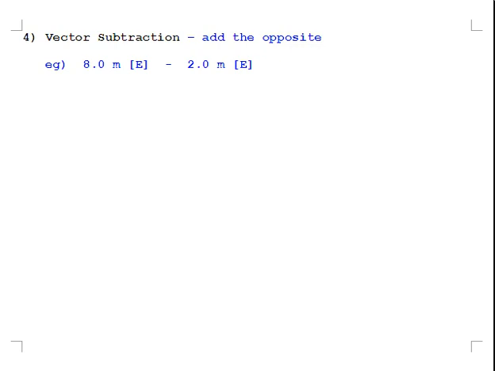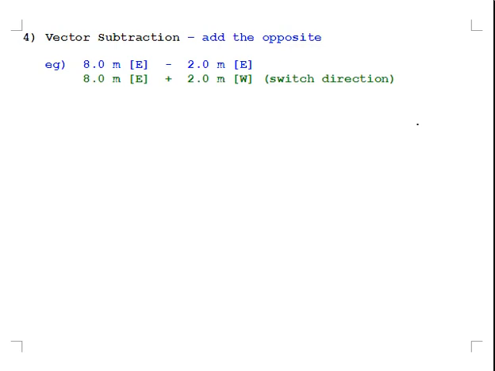And the answer is, absolutely it is. So here's what we do. We don't ever actually subtract vectors. We change a subtraction into an addition, and then we switch direction on the number that's being subtracted. Not on the first number, just after the subtraction sign. So that becomes plus 2 meters west.